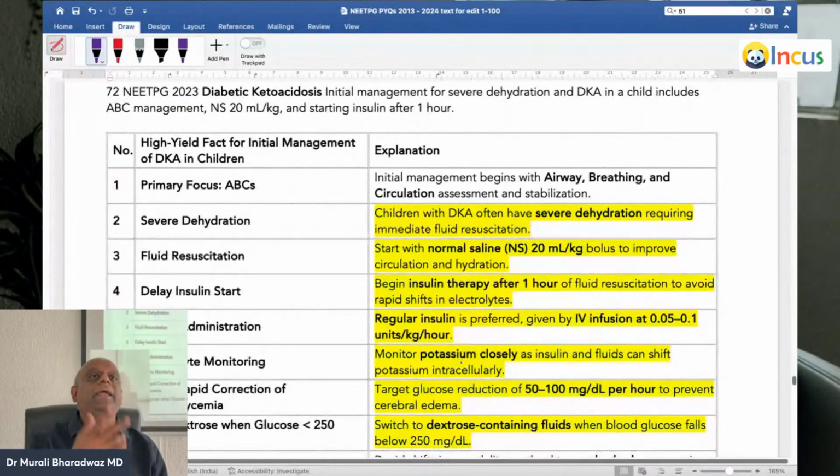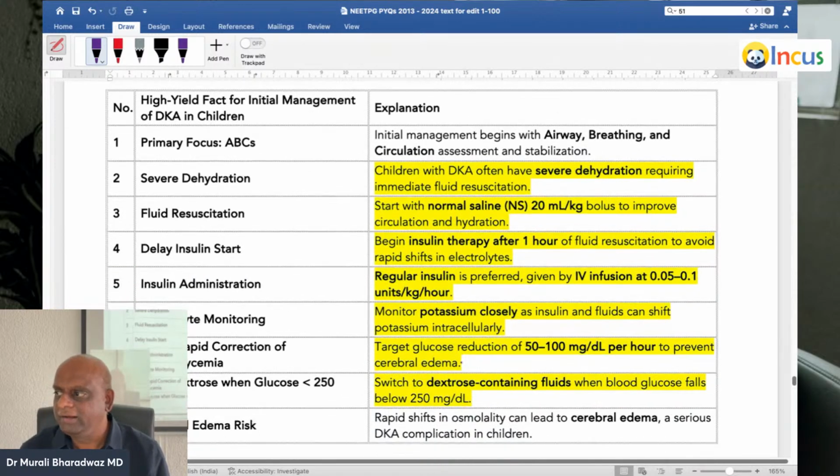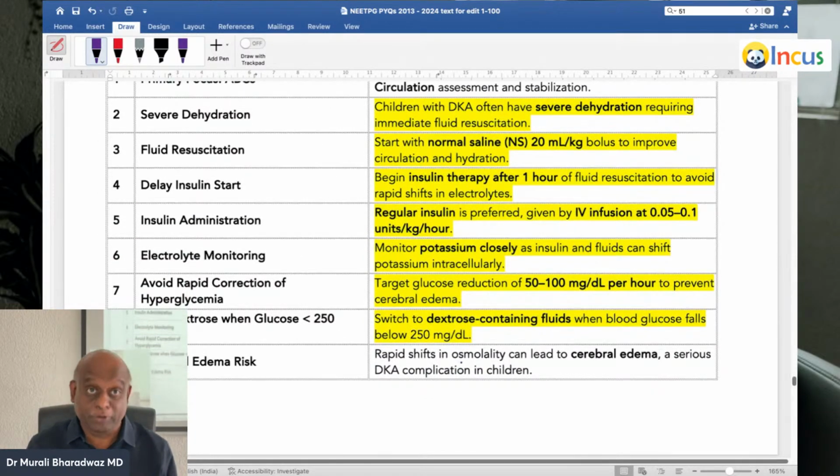Now, diabetic ketoacidosis, what is the initial management? Correct the severe dehydration. Do the airway, breathing, circulation management. Give normal saline 20 ml per kg and start insulin. Right? Then monitor potassium.